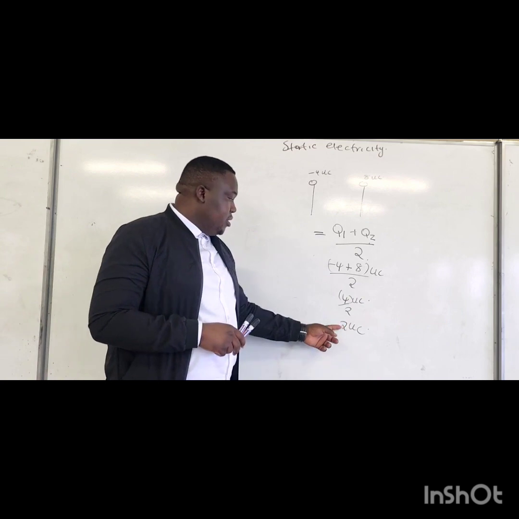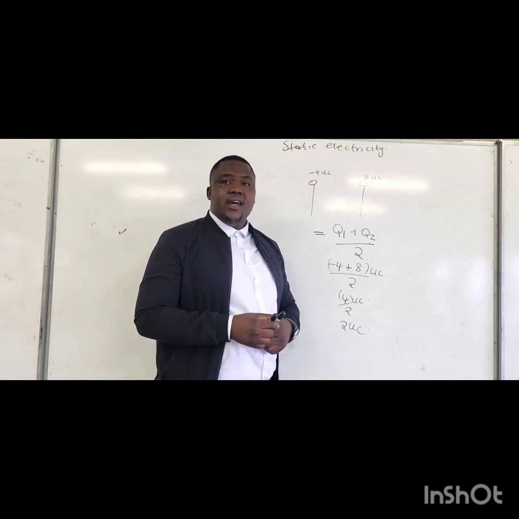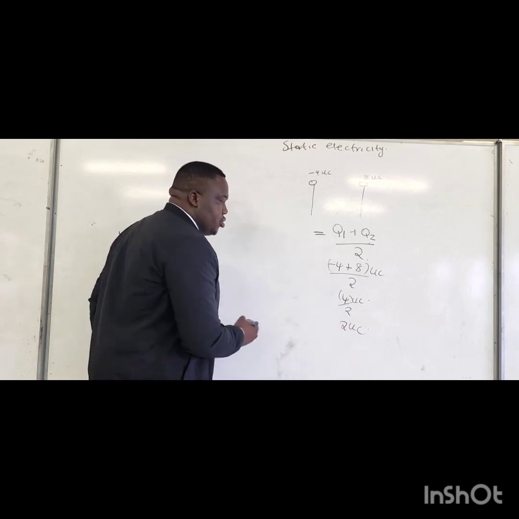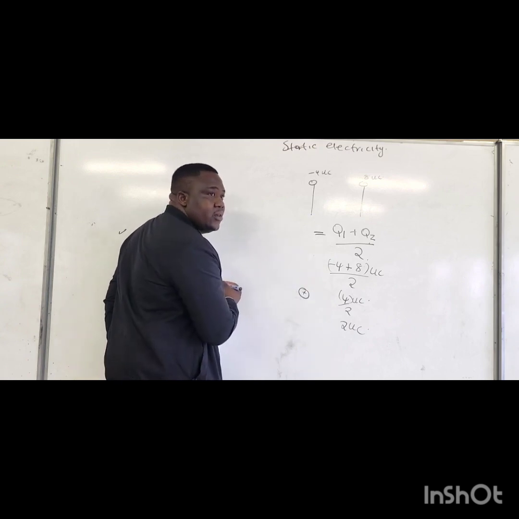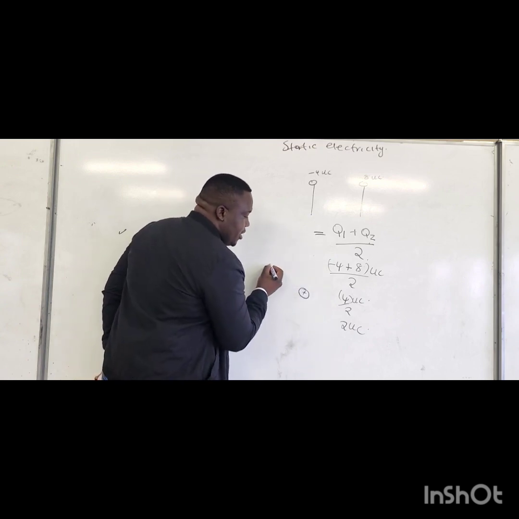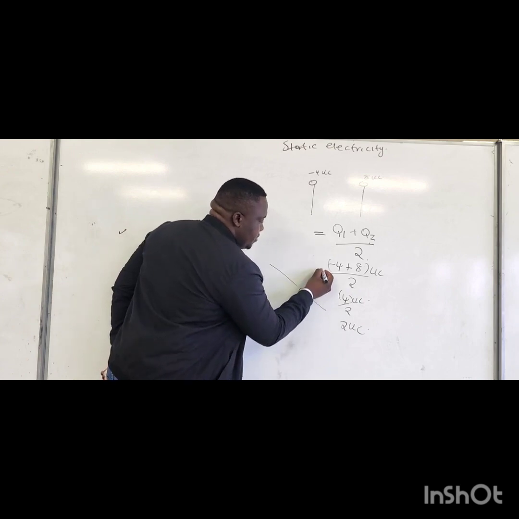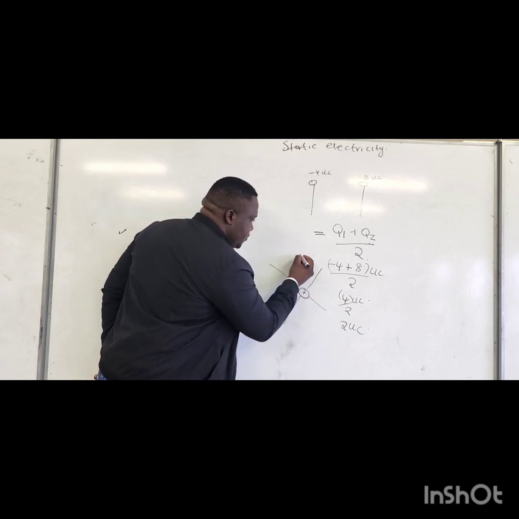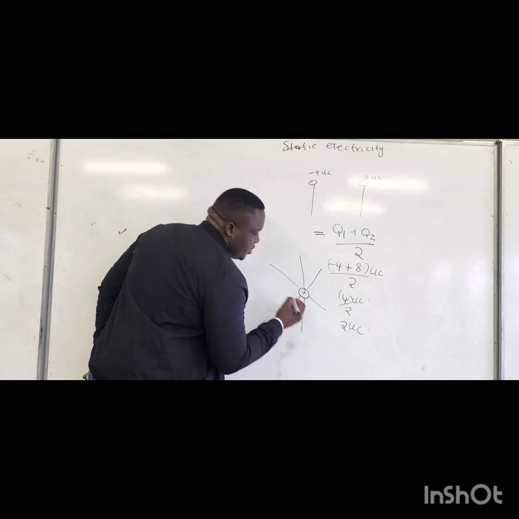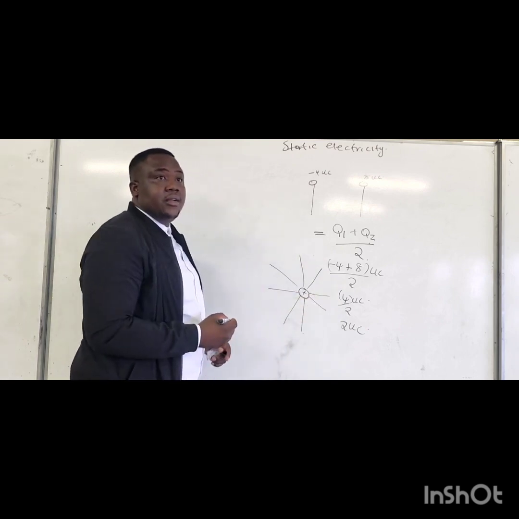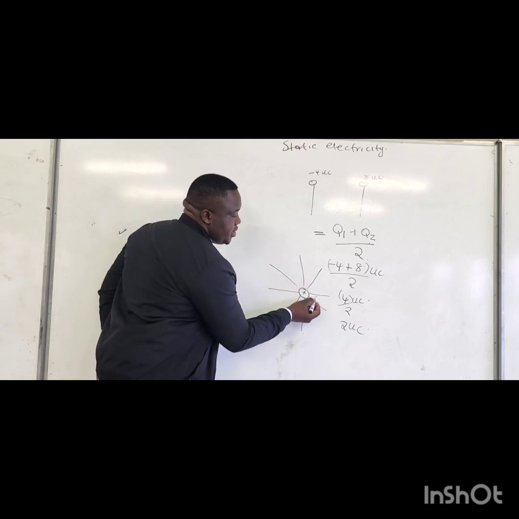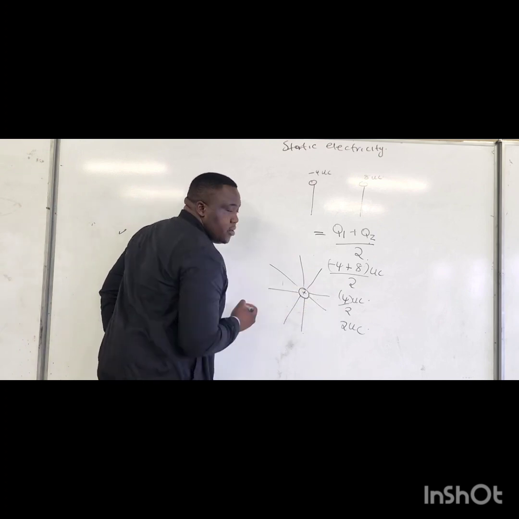Yes. So if they say draw the electric field line, what are we going to do? We're going to have a positive sign, then you draw the electric field lines. When you draw them, you know what must happen? These spaces, you see these spaces?